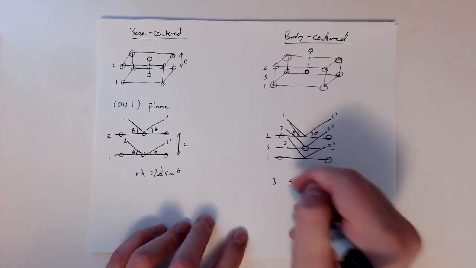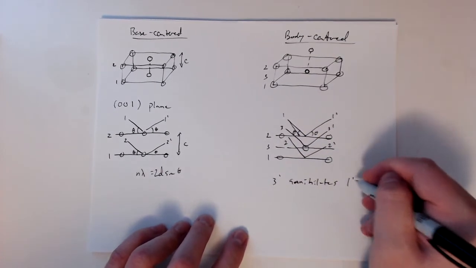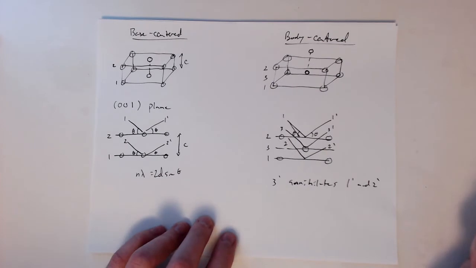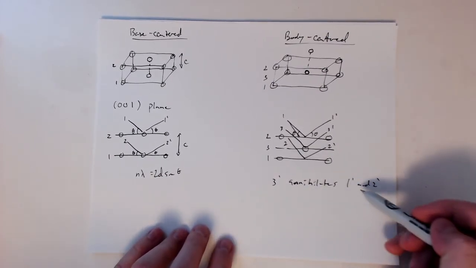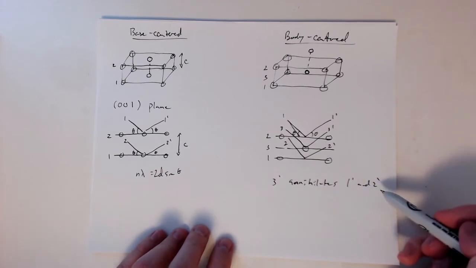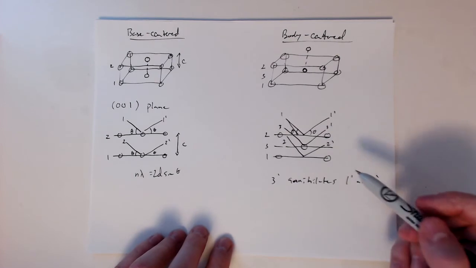So basically 3 annihilates 1 and 2. Its presence there cancels out what we had for 1' and 2'. So the fact that it's right there in the middle cancels that out.